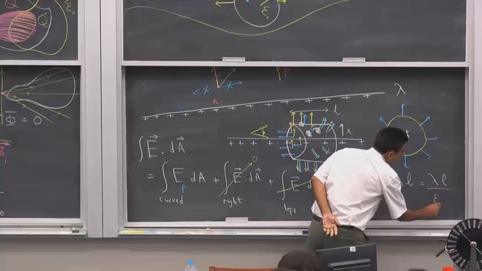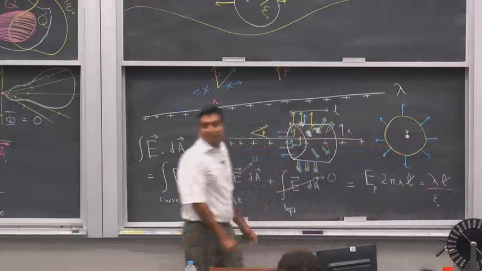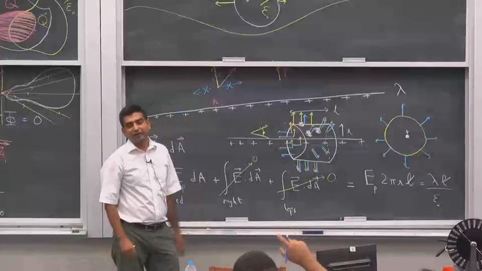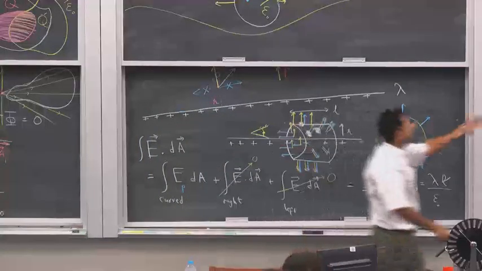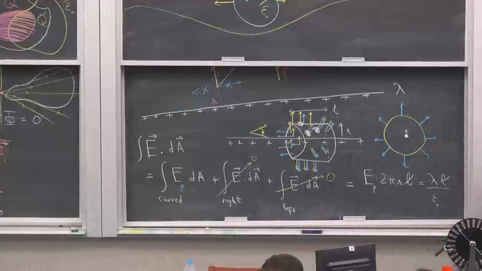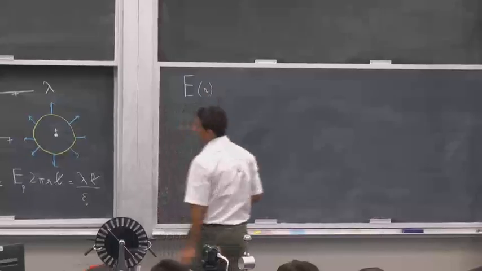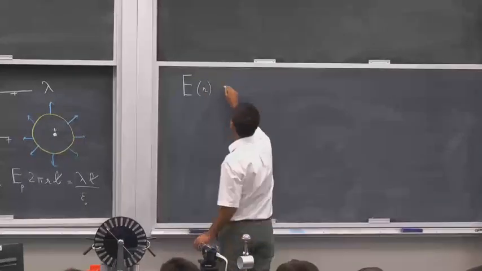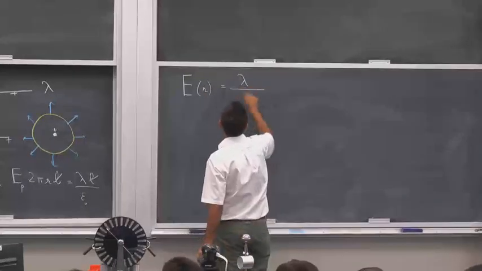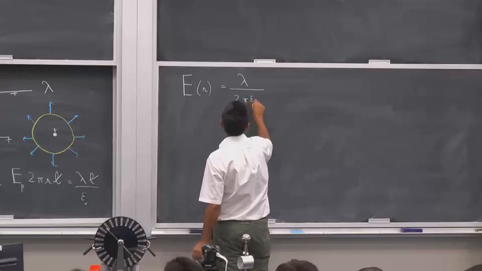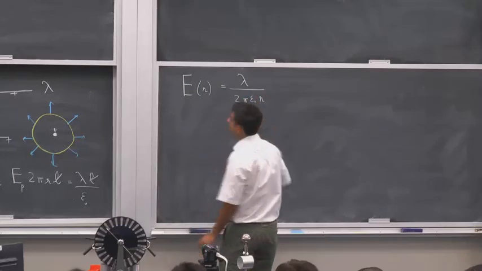I divide this by epsilon naught, the L goes away. So the answer does not really depend upon my imagination. The electric field at point P, which is at a distance r from the line of charge, is simply given by lambda over 2 pi epsilon naught r.